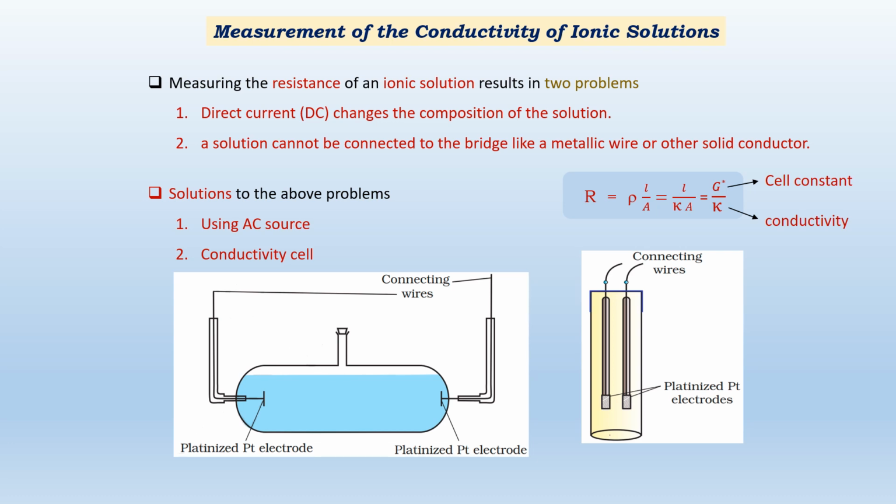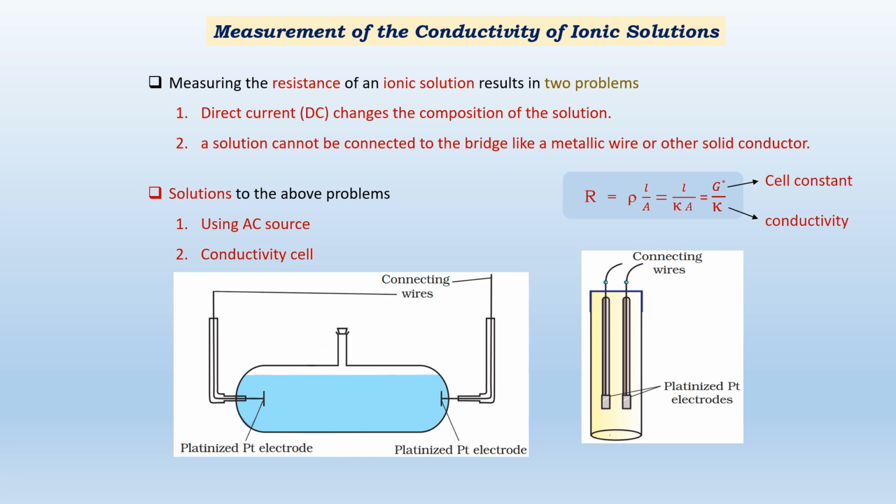Hence, you will not measure the proper conductivity of the solution. And the second problem, you cannot bridge the solution like a metallic wire. But the two problems can be solved as below. For the first problem, instead of applying DC voltage, apply AC voltage.